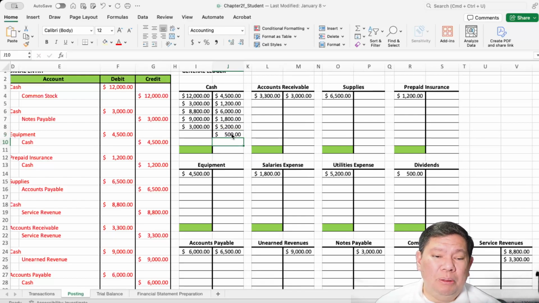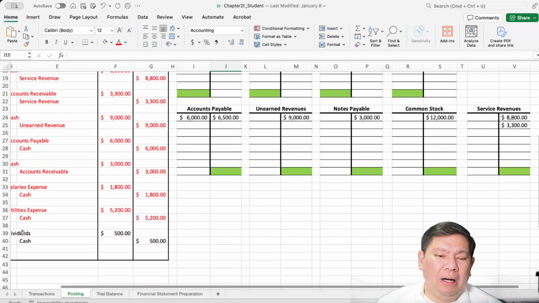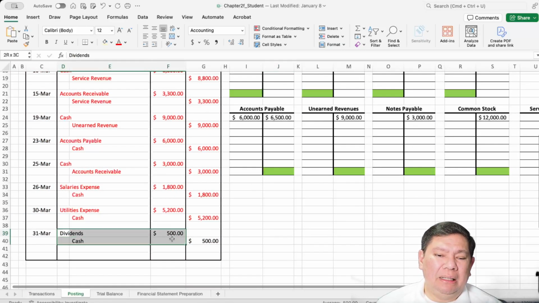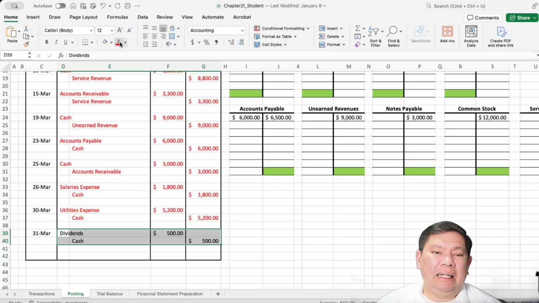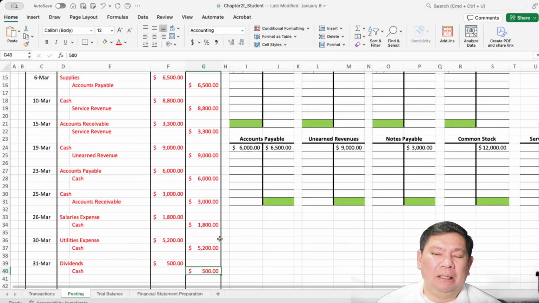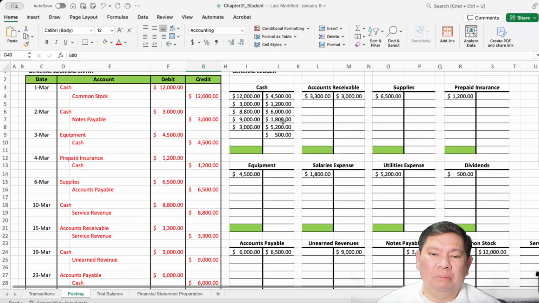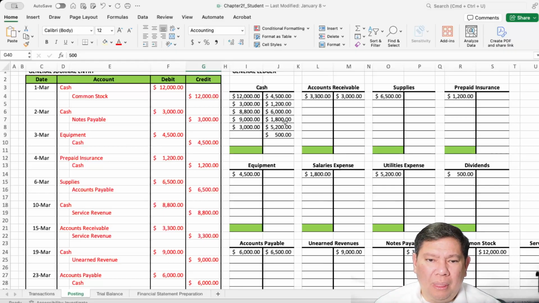Okay, so that's how we move debit amount to debit column and credit amount like this one to credit column for each T account that are associated with the transactions. Okay, so now we can calculate the ending balance.